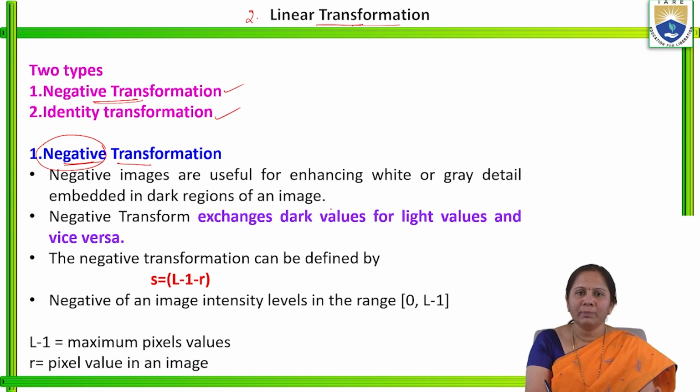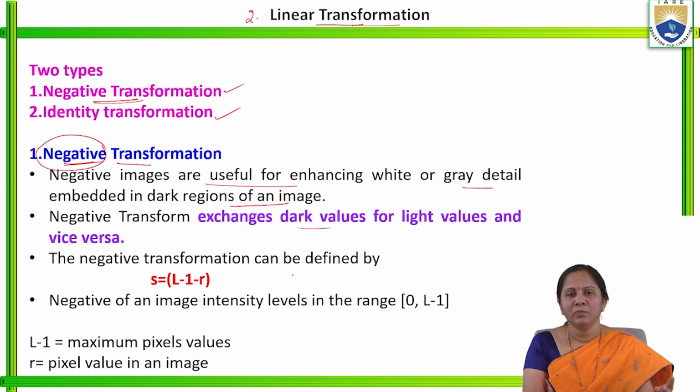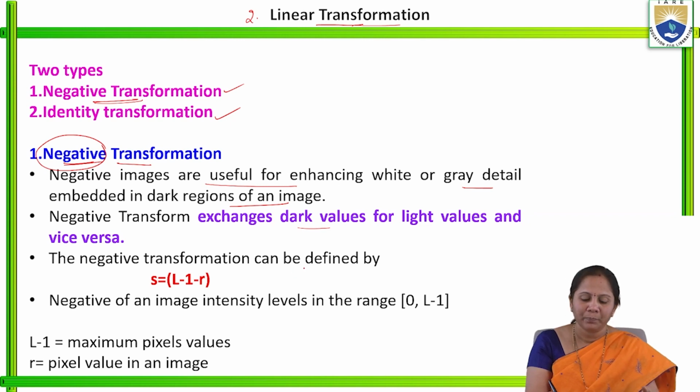So negative images are useful for enhancing white or grey detail embedded in dark regions of an image. So what happens here means, the dark values will be exchanged with light values. That means black color will be exchanged as white and vice versa. White will be exchanged as black.